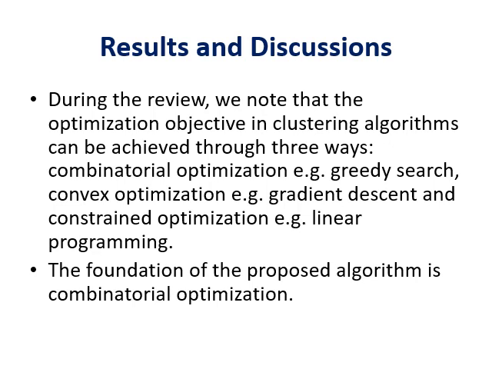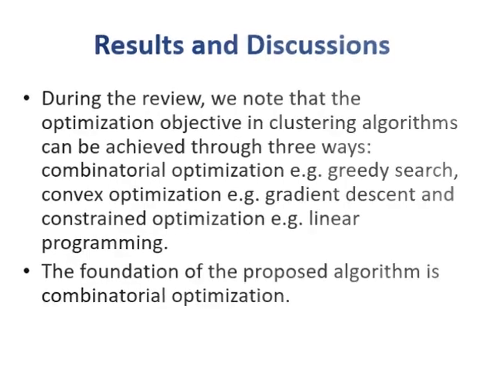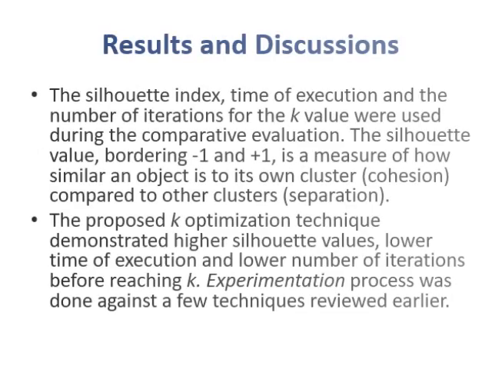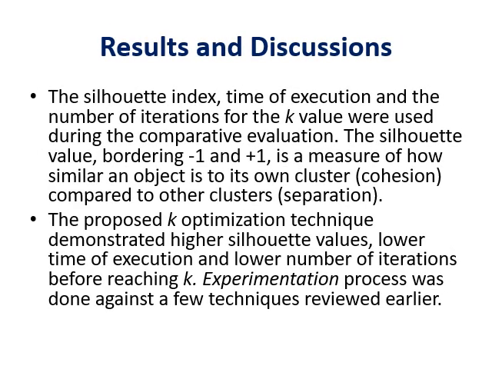When we were experimenting with our developed algorithm, we looked at the Silhouette index, the time of execution, and the number of iterations for the K value. Those are what we used during the comparative evaluation. The Silhouette value, as you know, lies between -1 and 1, and it measures how similar an object is to its own cluster compared to other clusters. So we are talking of cohesion and separation.